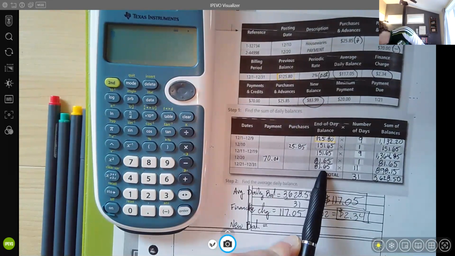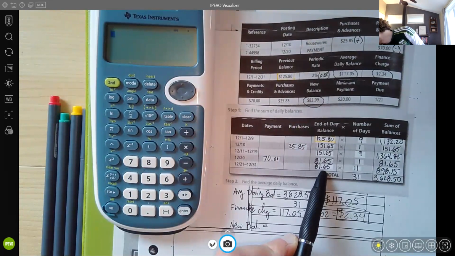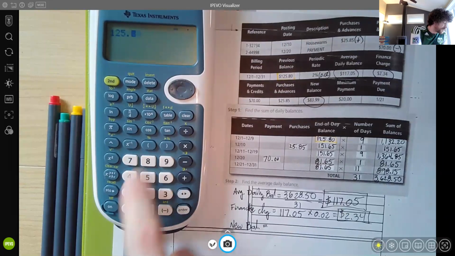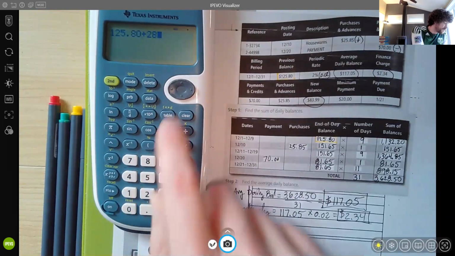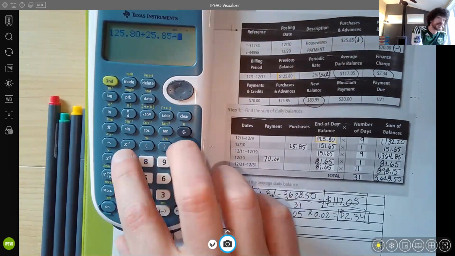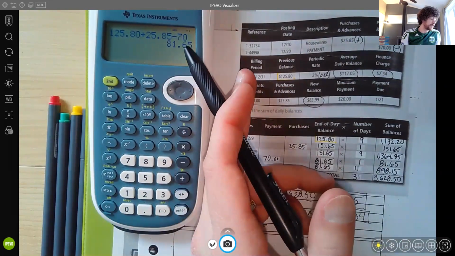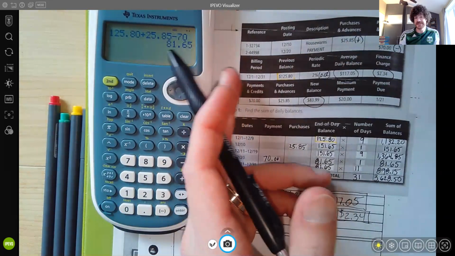So let's take a look to make sure that ends up being correct. 125.80 plus 25.85 minus 70 is 81.65. So the unpaid balance is $81.65.